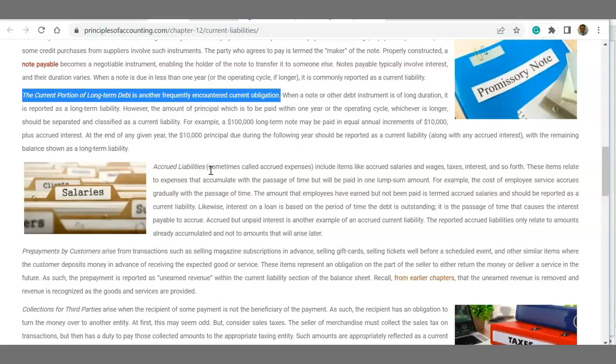Accrued liabilities are liabilities that need to be paid because they have already accrued and the obligation of payment is established. So the company has to pay them within the next, let's say, 12 months. Like wage expense, tax expense, interest expense, or anything like that.